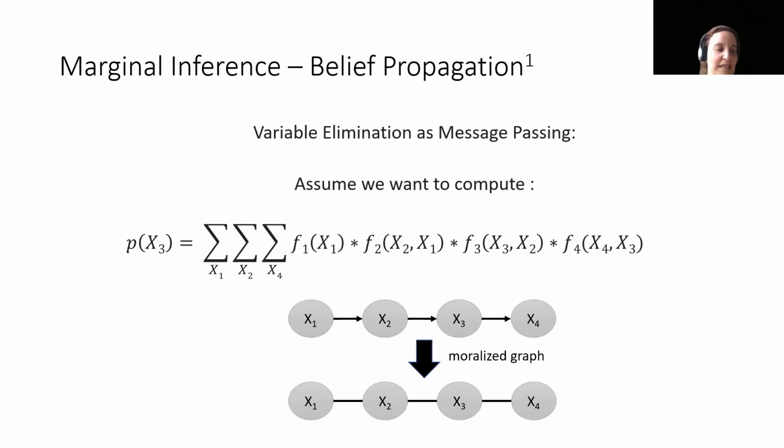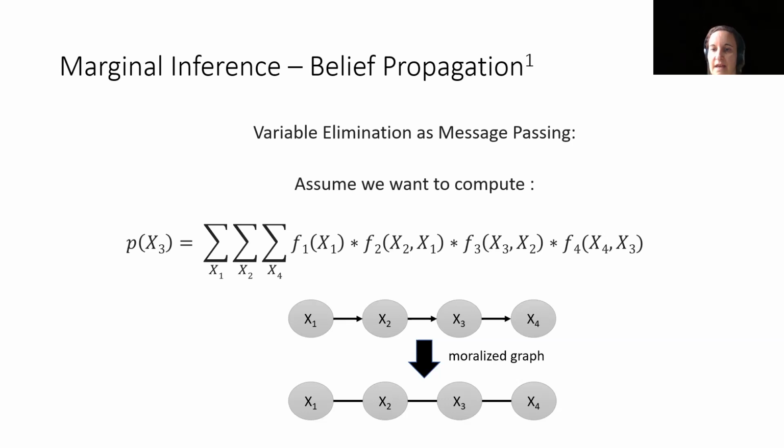No, so the moralized graph, as we said the previous time, is a graph that describes the way the distribution has some factors like f1, f2, f3, and f4. And we found it based on the dependencies that we had in the directed graph, right?